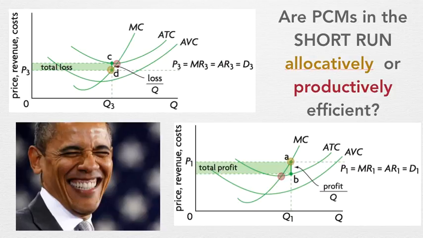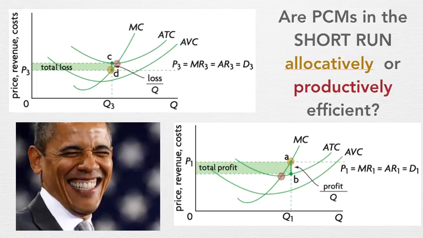So if we examine the short run, perfectly competitive markets are actually not allocatively or productively efficient as they are in the long run. So allocative efficiency is indicated with the yellowish circle as shown at point D, as in dog, on the top graph, or point A on the bottom graph.